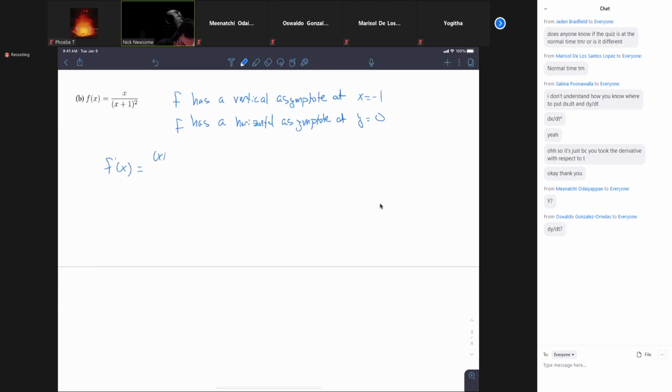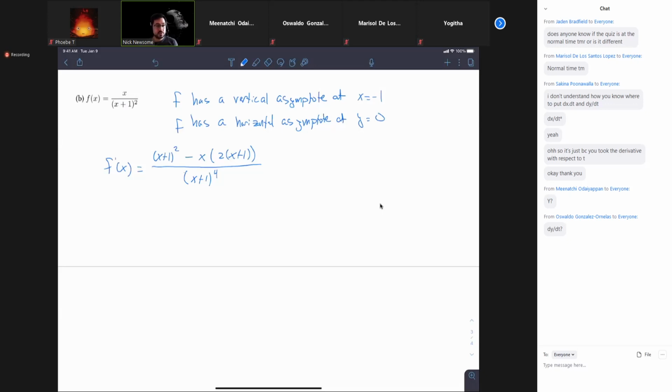Our derivative of x is just 1, so we just have x plus 1 squared. And then numerator multiplied by derivative of the denominator, all over that denominator squared.